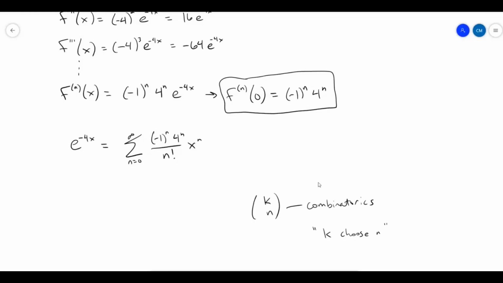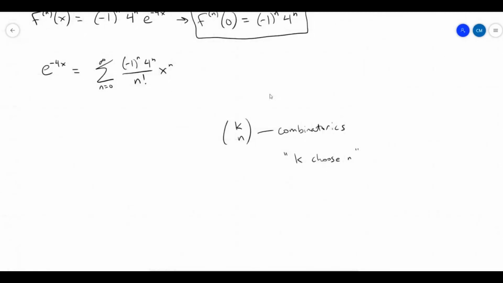And there's actually a button on your calculator that will do that for you. It's basically the number of ways that you can arrange, see, how does it work? If you have a set with k items and you want to figure out the way to arrange n of them. Yeah, right?